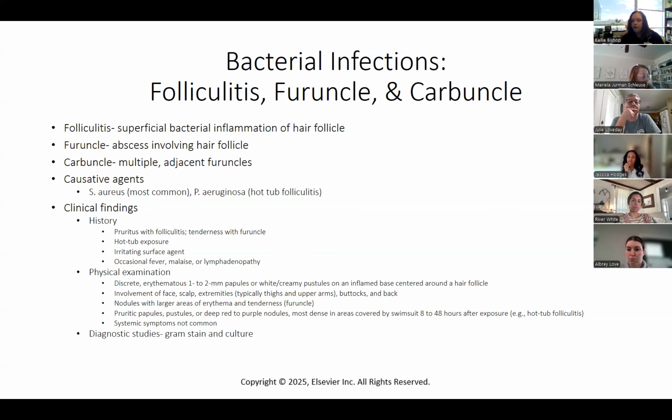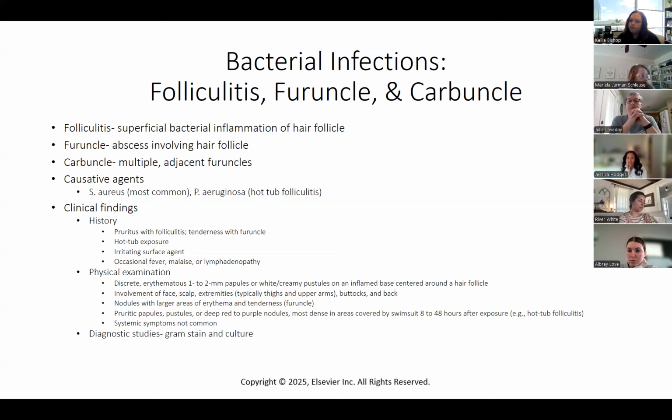All right, folliculitis, furuncles, and carbuncles. These are all put together because they're essentially the same; they're just variants of each other. Folliculitis is bacterial inflammation of the hair follicle. Whenever somebody has a skin issue, look at the entire body and look really closely, shining your light on it, because some of these will look like other things, but then you see they're clearly on hair follicles, and that helps you differentiate what it is.